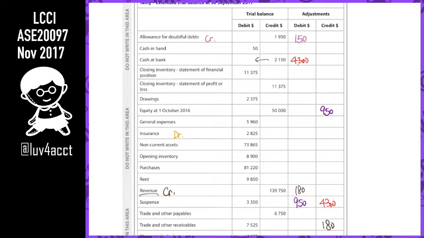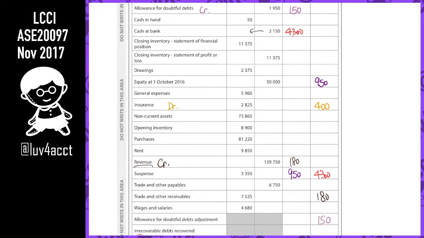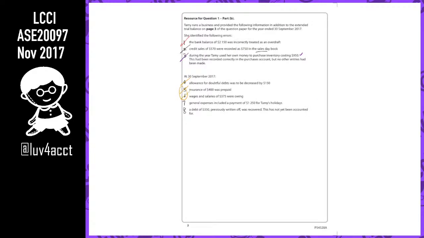When we have prepayment, we have to reduce the amount, so 400 here, and it goes to trade and other receivables, 400. Then wages and salary. We have an accrual. For accrual we add, so 375, and then go to trade and other payables, 375. So items 5 and 6 done.